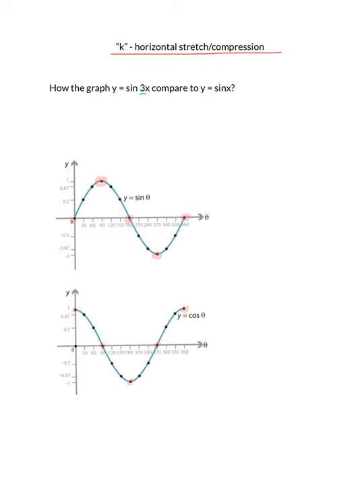So we need to know a couple of things before I can talk to you about what this graph looks like. So the first thing that I'm going to be talking to you about is a formula. So we have this formula that says period is equal to 360 over k. The absolute value of k to be more specific. So just if there's a negative sign, we're just going to ignore that.